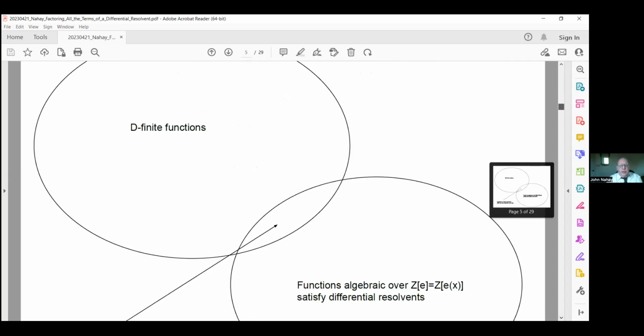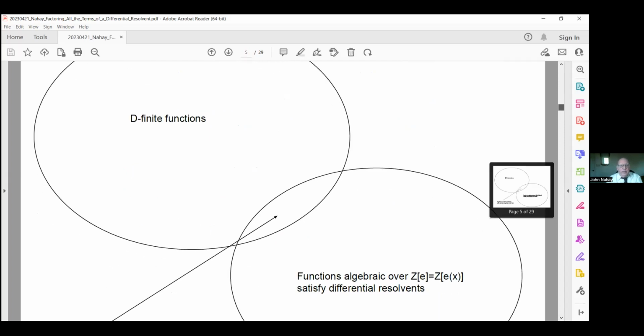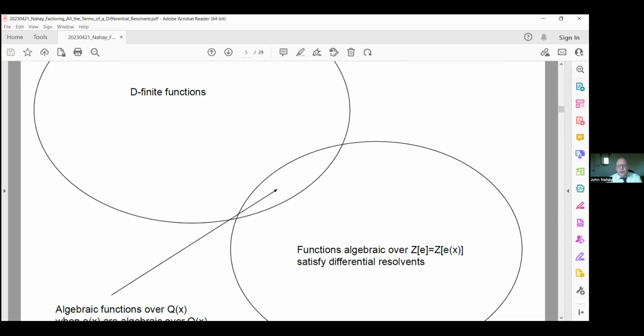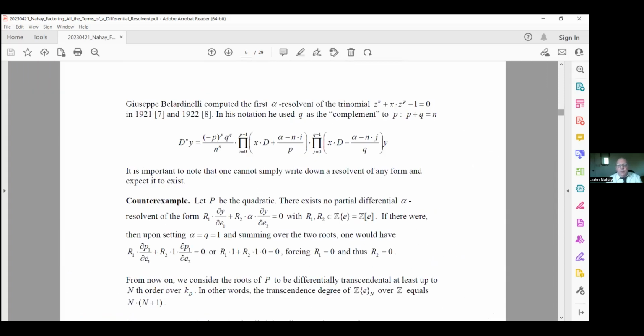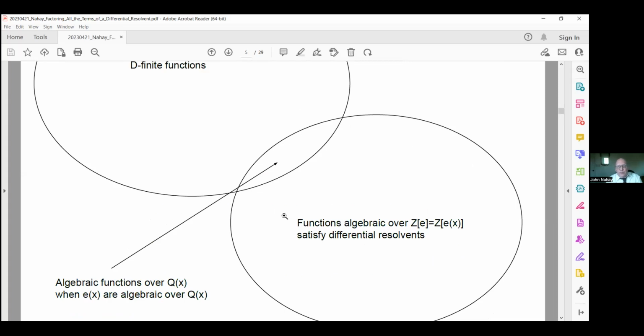Here's the set of d-finite functions. Here are functions algebraic over the e's, and they satisfy differential resolvents.